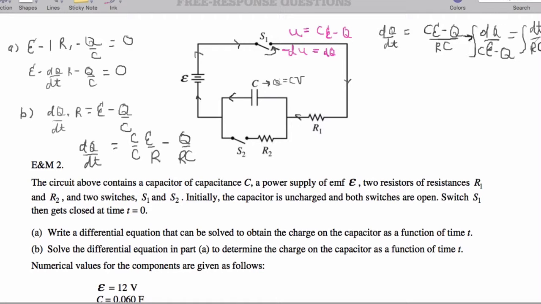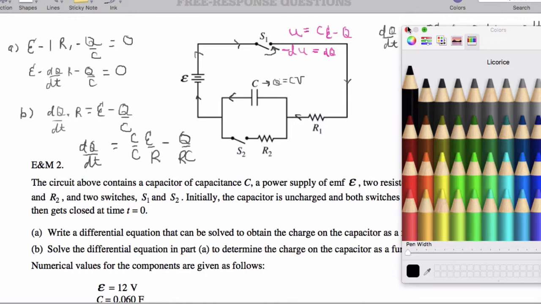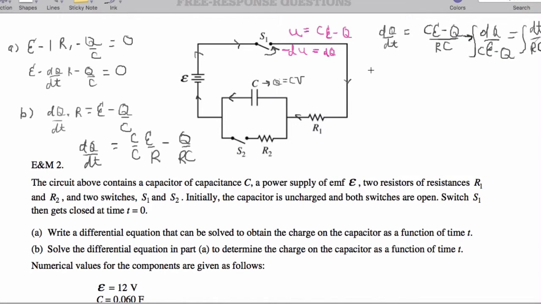Substituting that into the integral, we're going to end up getting negative du over u equals dt over RC, and we're going to multiply both sides by -1. So I'm going to get that the natural log of u plus our integration constant is going to equal t over RC.